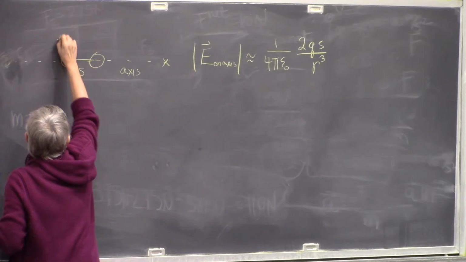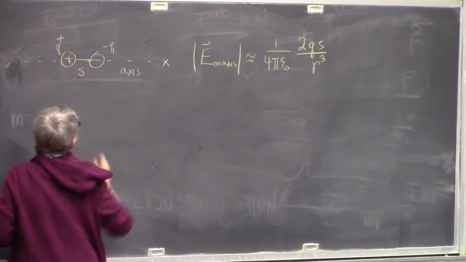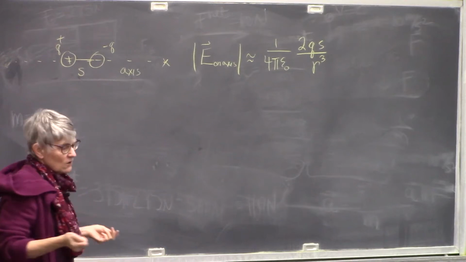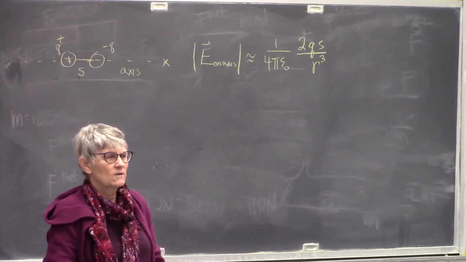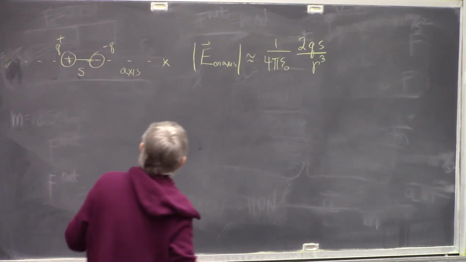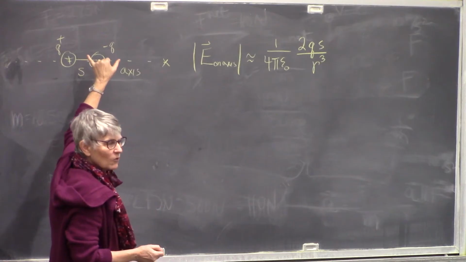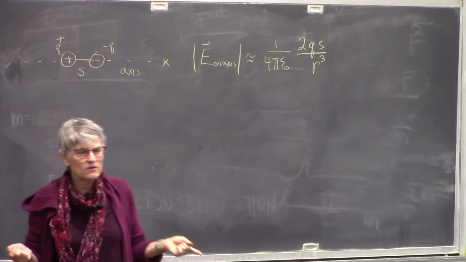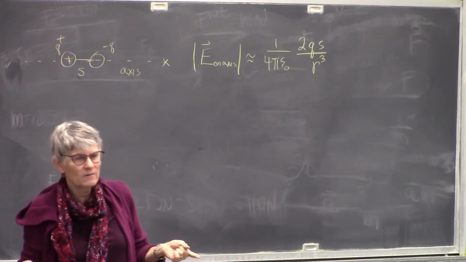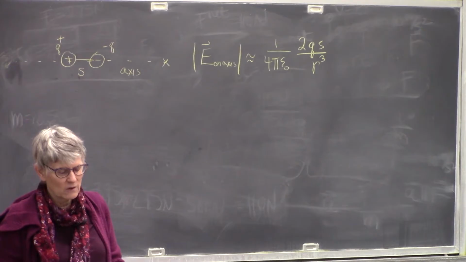The charges on the dipole are a plus q and a minus q. And that's not a vector expression, that's a magnitude, because depending on the orientation of the dipole, the field here could be pointing this way or that way, so you have to figure out, just from looking at the situation, which way it's going.